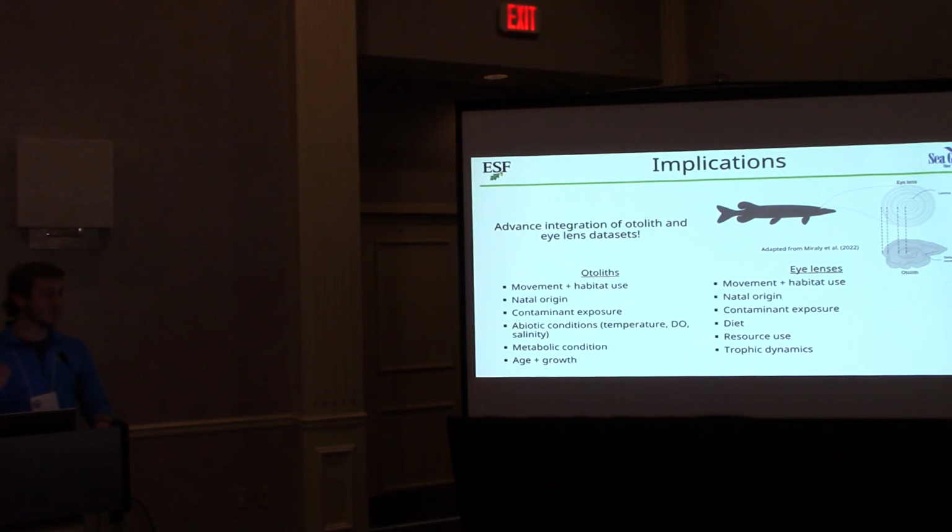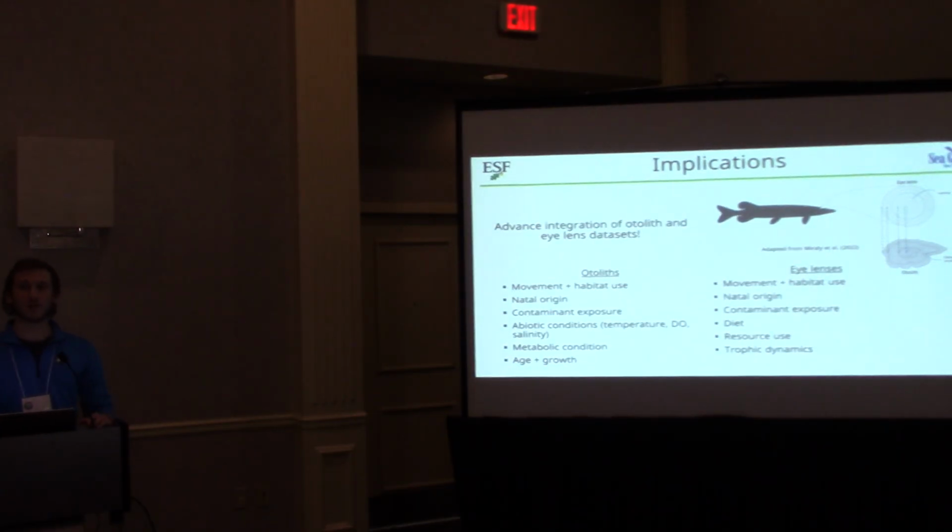And then lastly, and maybe most exciting, there's not very much literature out there right now integrating these data sets from otoliths and eye lenses. So we really hope that we can help advance this integration of these two data sets. And there are multiple data sets that you can obtain from them and multiple questions that you can answer from them.